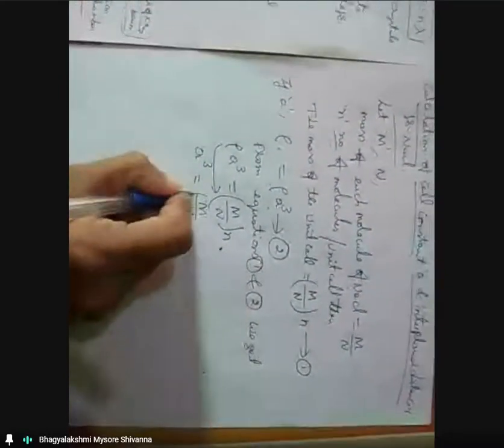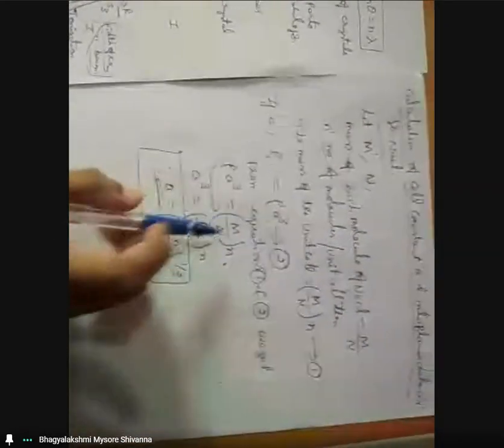Therefore, a should be equal to (Mn by N rho) whole to the power 1 by 3. This is a very important formula to find the cell constant a.